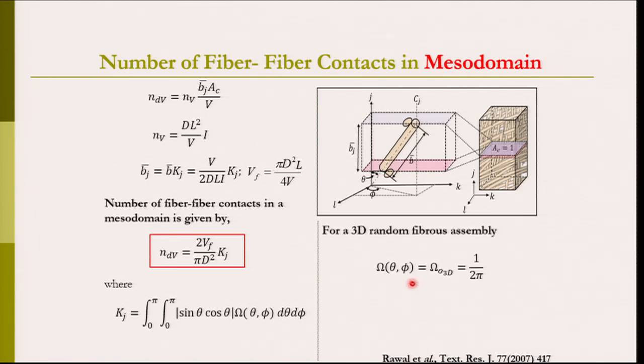We already know the density function in case of a 3-dimensional random fibrous assembly, which is 1 by 2 pi, and we can calculate the value of Kj, which comes out to be half. So, you can insert this value of half and put it back here, and you will get the expression of NdV as Vf by pi d square for a 3-dimensional random fibrous assembly.